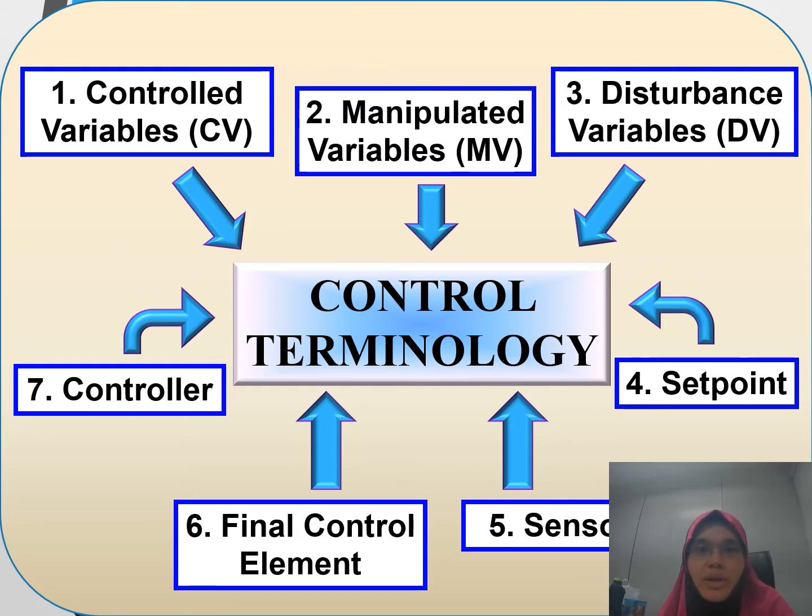You don't need 400, you oversupply the heat and lose some money there, or you undersupply, where the temperature is not yet 300. You want it to be at 300 degrees C. That 300 degrees C is the set point. The temperature itself is the control variable.